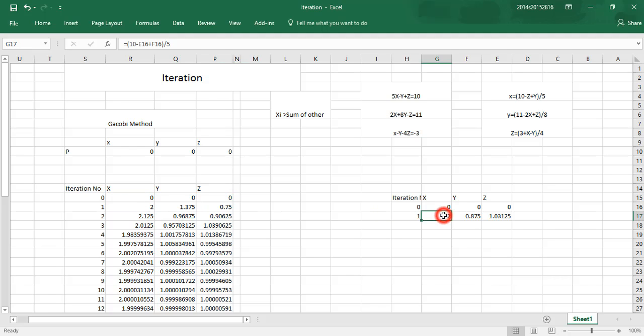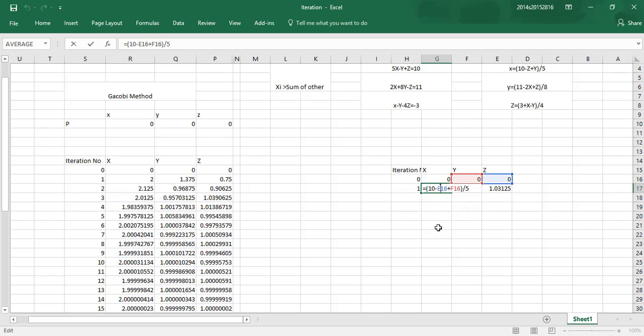But here in Gauss-Seidel iteration, the substitution stage is different. Here we substitute from the previous and the same stage. I mean, in the y function we substitute z from the previous iteration and x from the same iteration.